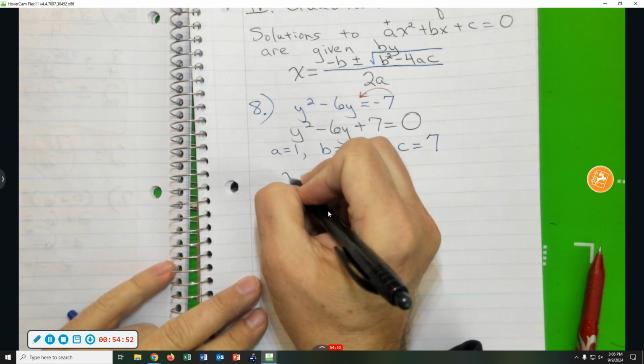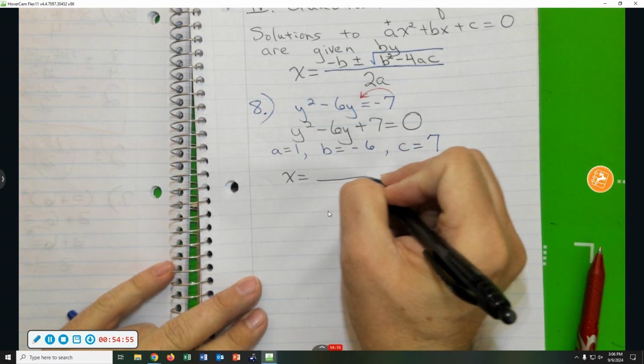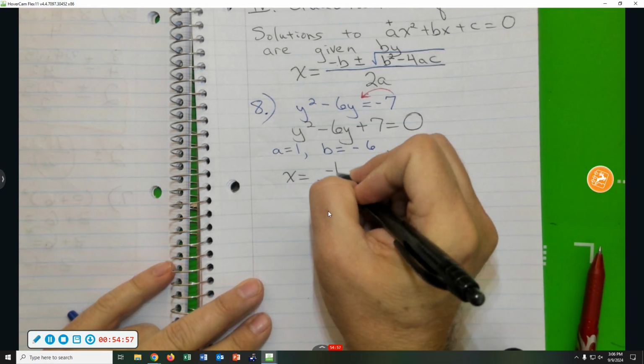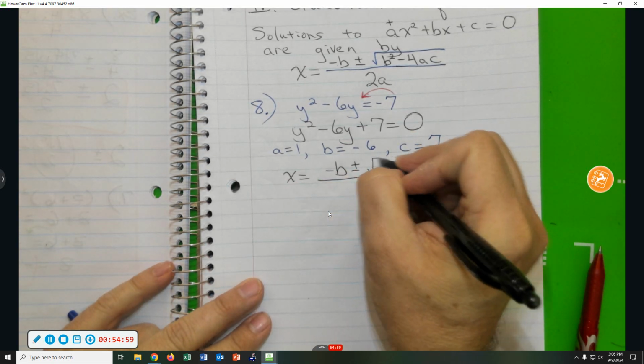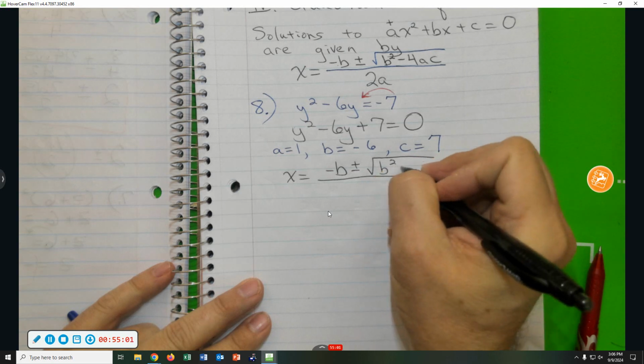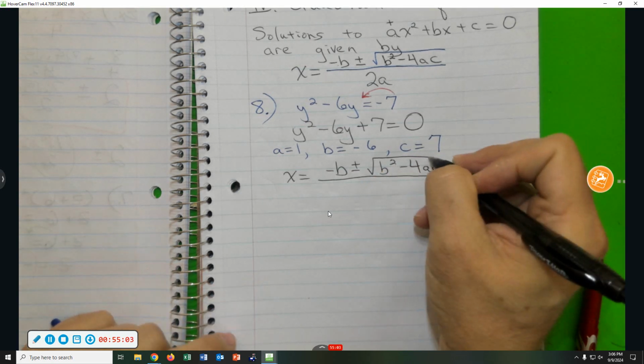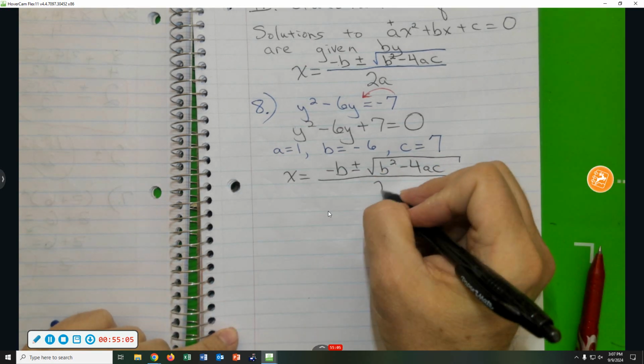Rewrite the quadratic formula: negative b plus or minus the square root of b squared minus 4ac, all over 2a.